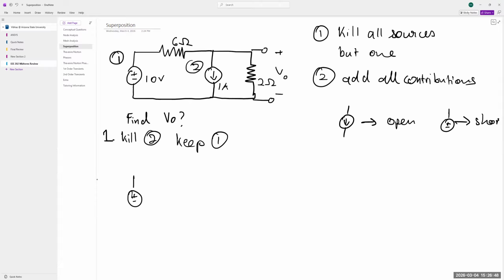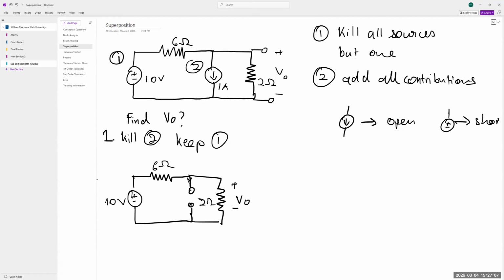The circuit redrawn is going to look like this. And remember, VO is over here. This is 2 ohms. There's no current flowing here. This is 6 ohms. We have a 10-volt source.